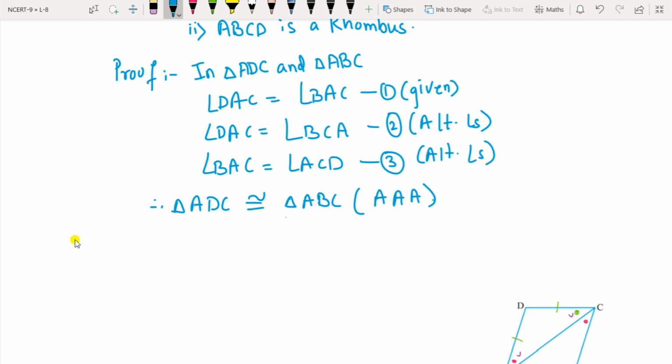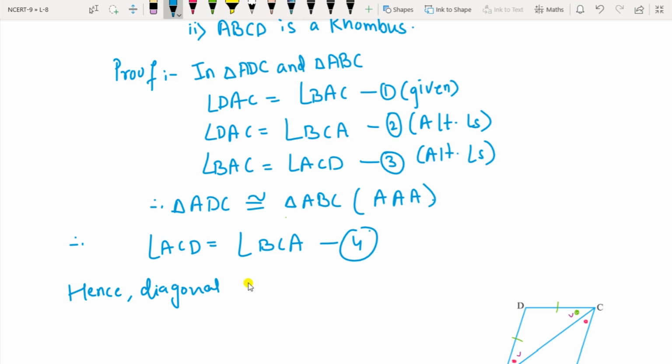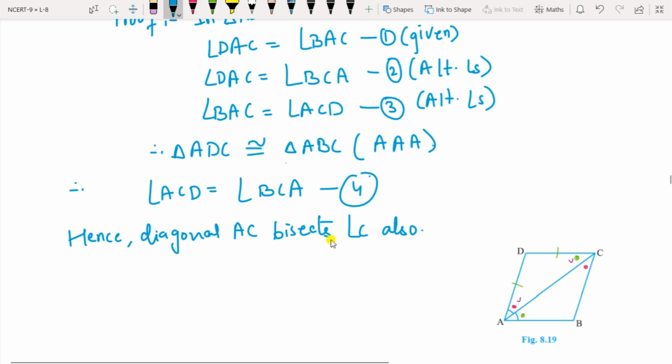From equations 1, 2 and 3 we get that angle ACD is equal to angle BCA, equation number 4, and this proves that diagonal AC also bisects angle C. That is the first question we have proved.